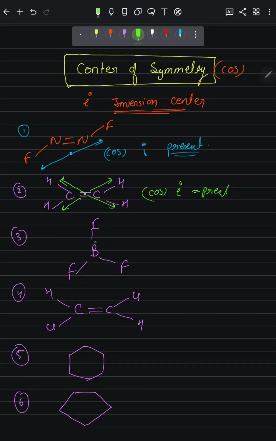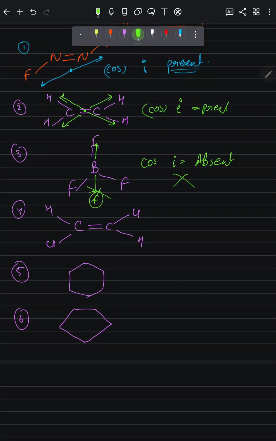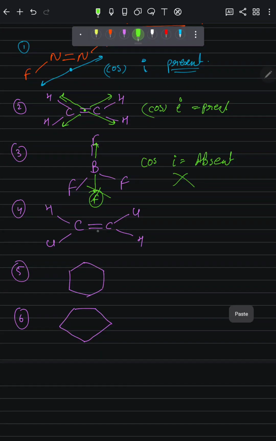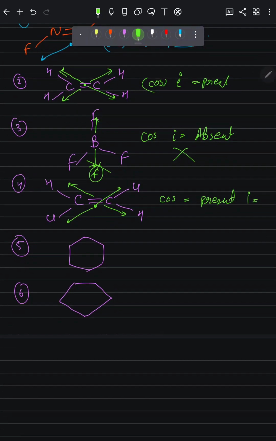Here, if we go from here and come back here, there is no fluorine, so the center of symmetry is absent. No center of symmetry is present in the BF3 molecule. And let's check this molecule: if we go from here, a chlorine is present; if we go from the other side, chlorine is present, and again hydrogen and hydrogen. So here the center of symmetry, or inversion, is present.